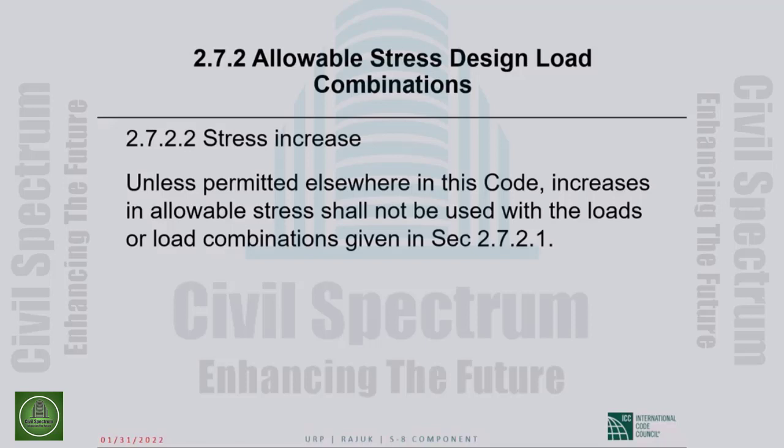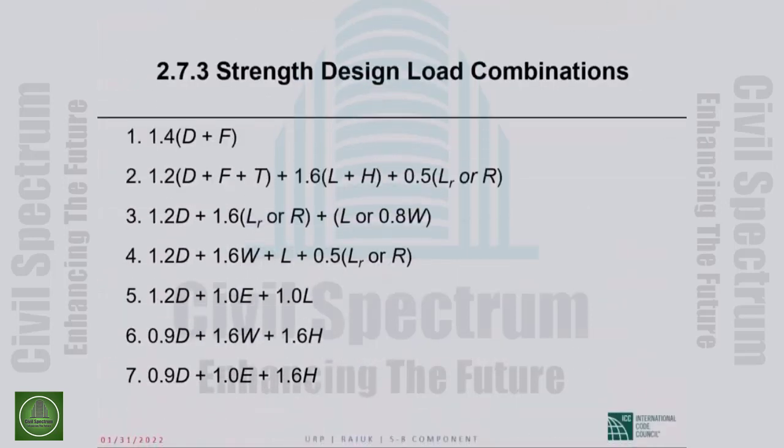Okay, so no stress increase to go with BNBC ASD load combinations, unless permitted elsewhere in the code. Maybe the masonry chapter allows it, I don't know. But generally speaking, you shall not increase allowable stresses.